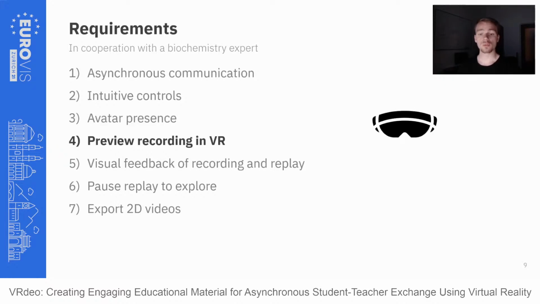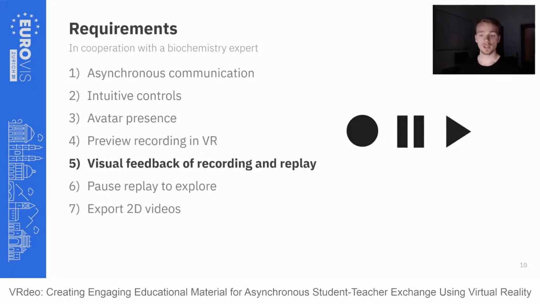There should also be an option to quickly check already recorded material directly in the VR environment, so you can see a preview of what you already created there. We should also give the narrator some visual feedback, so he stays visually informed when recording or replaying the content.